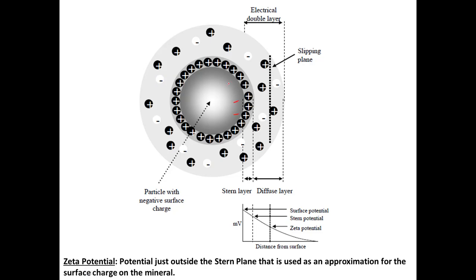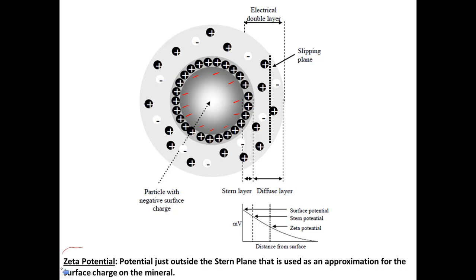So we've got negative surface charge on the mineral, and of course, that depends on the solution pH, going back to our original drawing. We've got our Stern layer showing those anchored ions that partially neutralize the surface, and then we've got our diffuse layer, which fully neutralizes that surface.